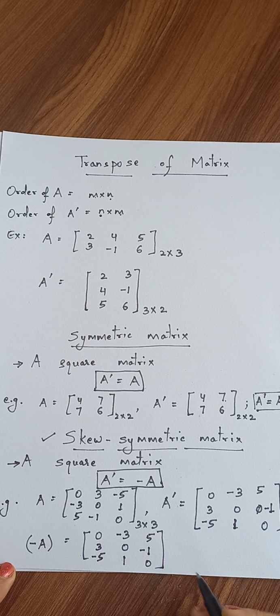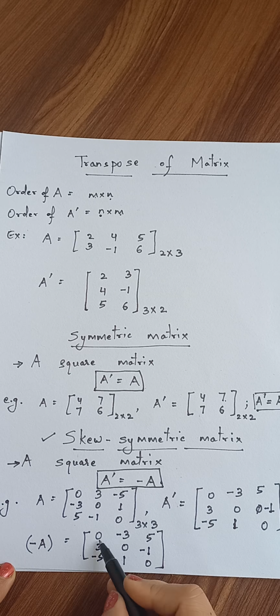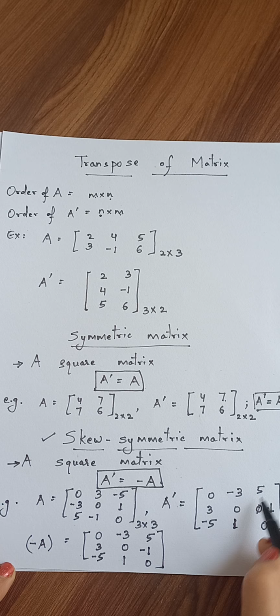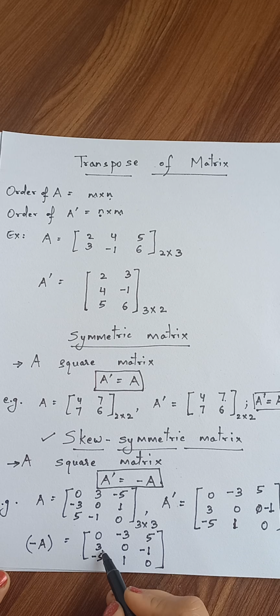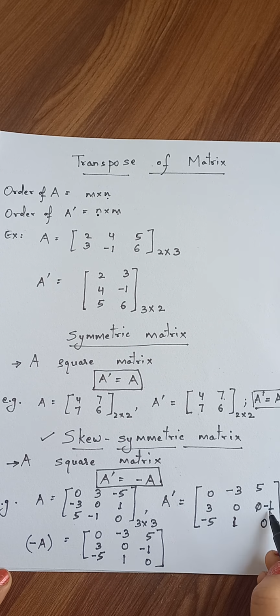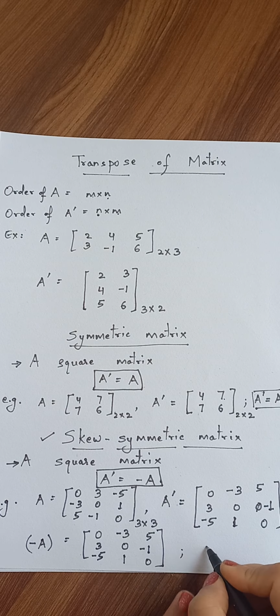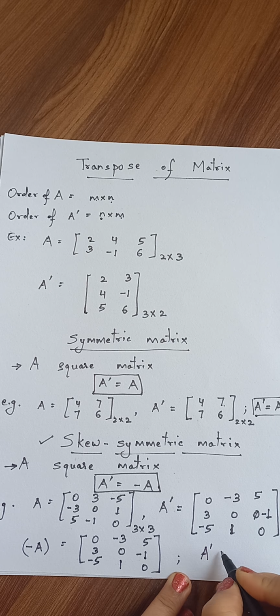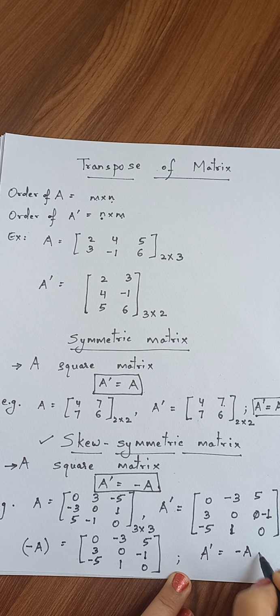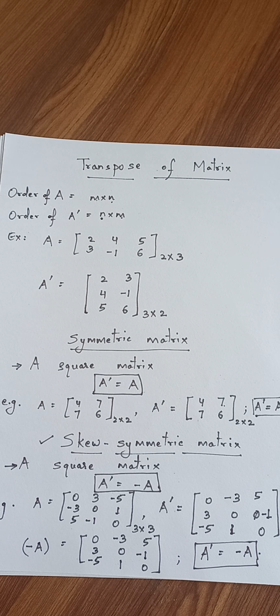So you can compare here that A dash has values 0, -3 and 5, then 3, 0 and -1, and the last row -5, 1 and 0. So we can see that the value of A dash is equal to -A. That means the condition of a skew symmetric matrix is satisfied here, so this is a skew symmetric matrix.